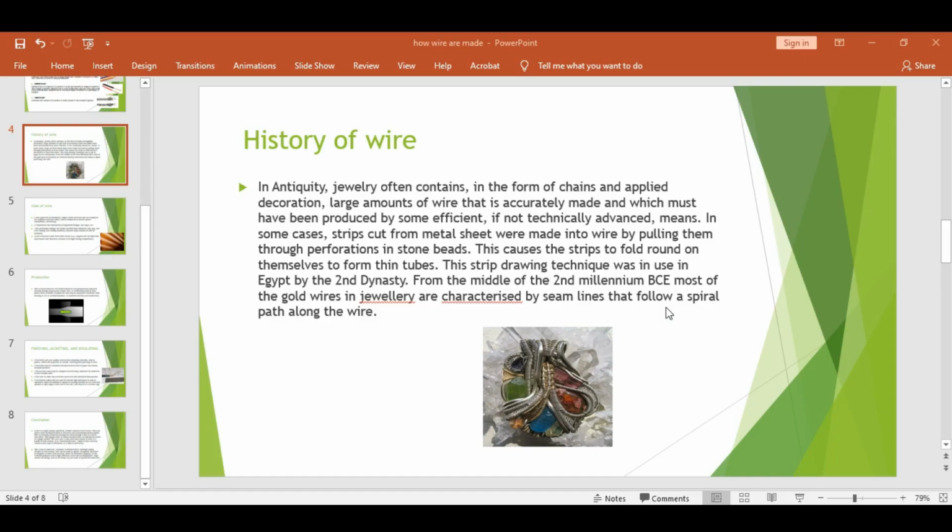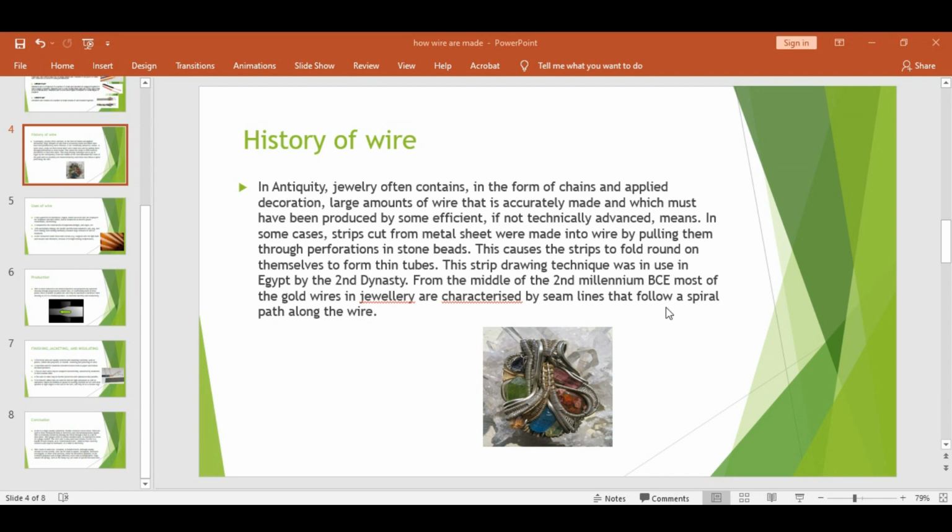Thank you. I'm going to explain the history of wire. In antiquity, jewelry often contained chains and applied decoration with large amounts of wire that is accurately made and which must have been produced by some efficient, if not technically advanced, means. In some cases, strips cut from metal sheet were made into wire by pulling them through a stone bed.